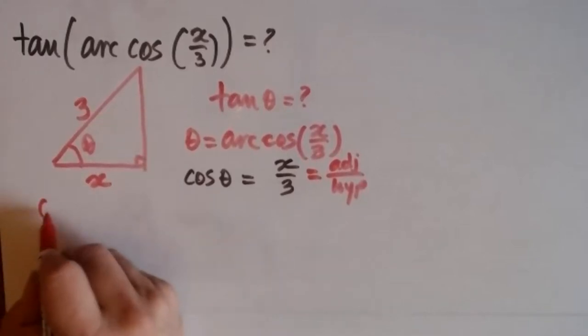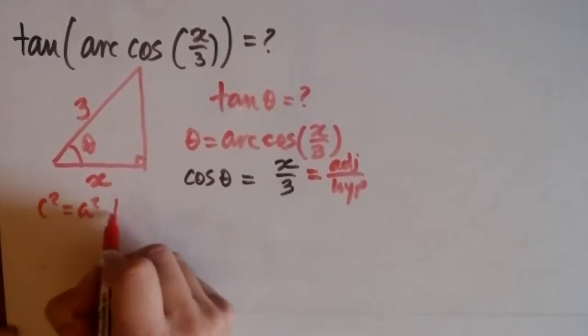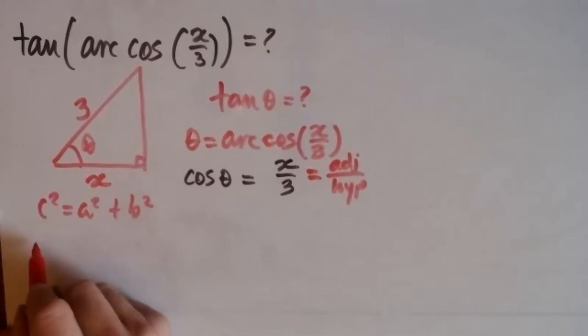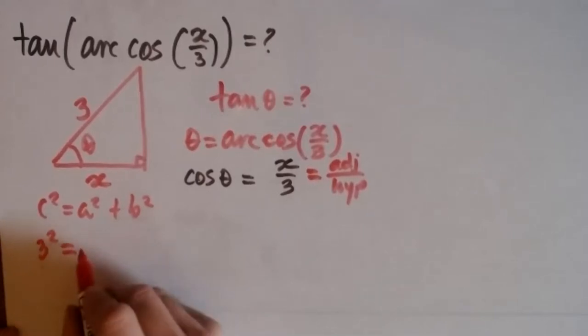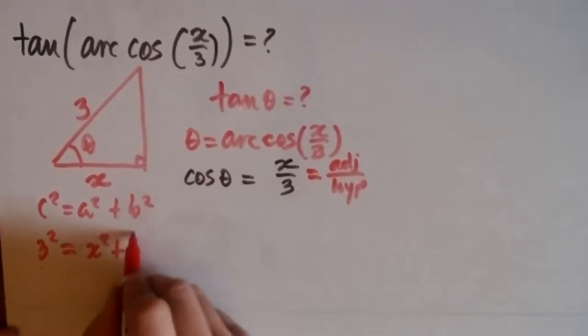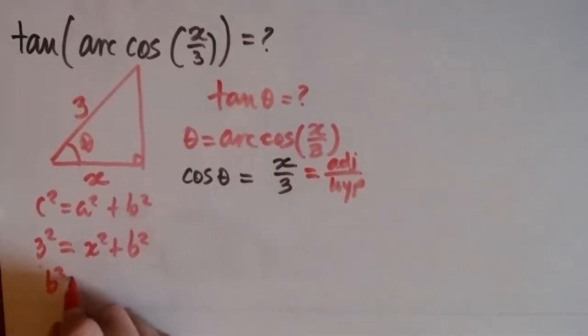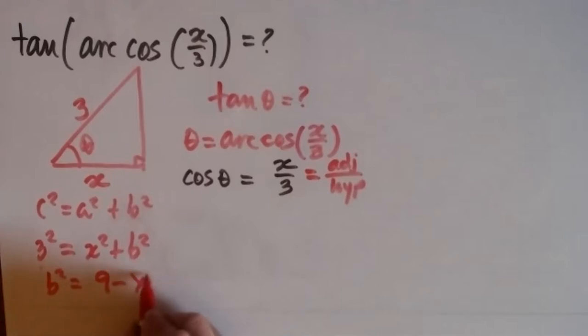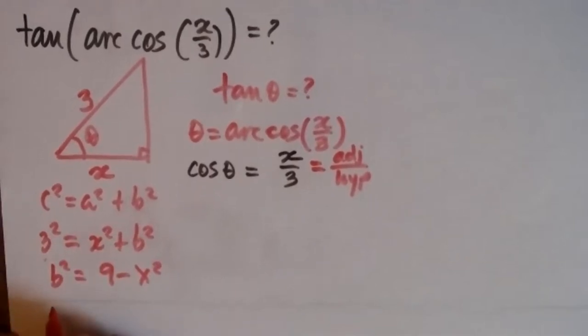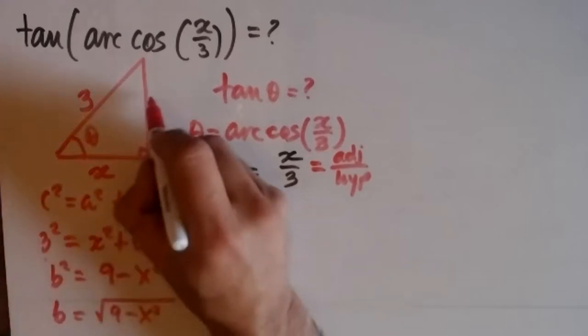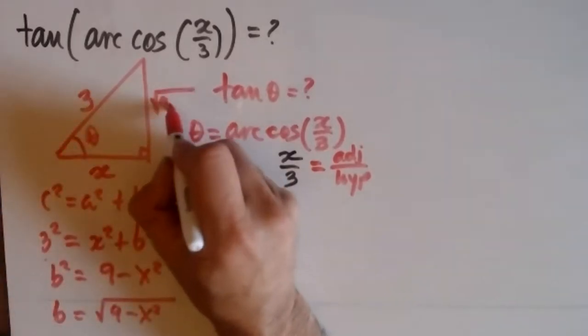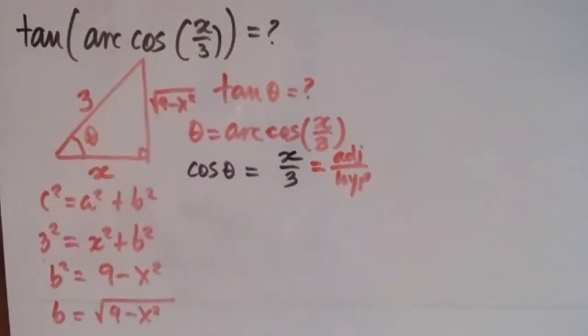Okay, c squared equals a squared plus b squared. So it's 3 squared equals x squared plus b squared, right? This is b. And then I solve for b. B squared equals 9 minus x squared. Then the only thing I have to do is a square root, 9 minus x squared, correct? So this side is going to be the square root of 9 minus x squared.